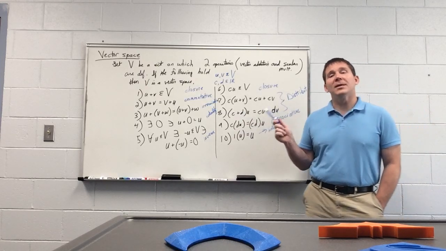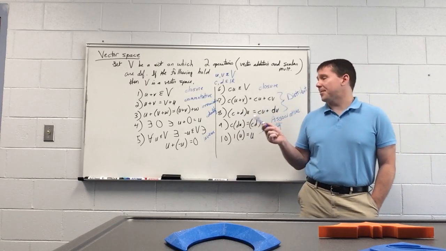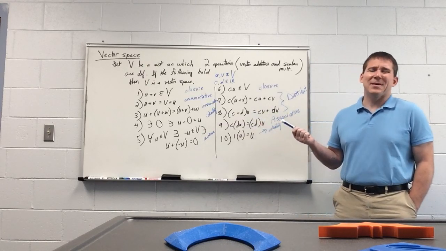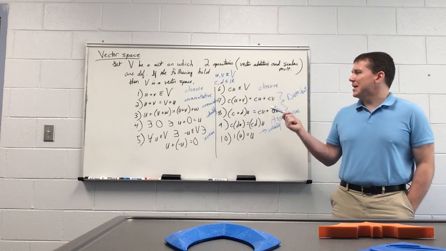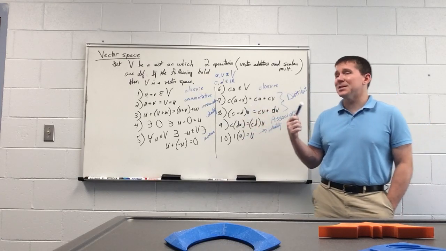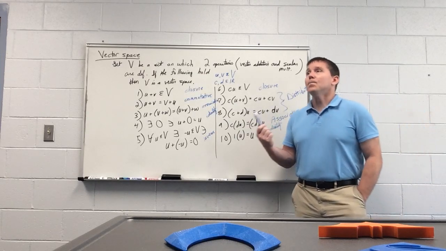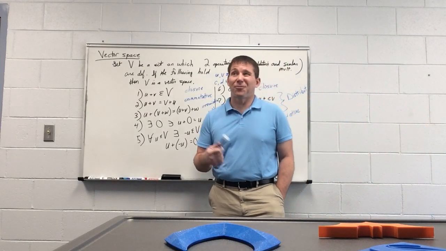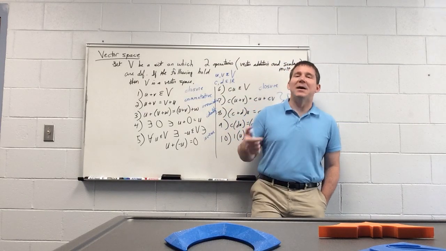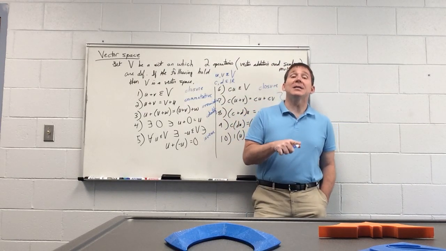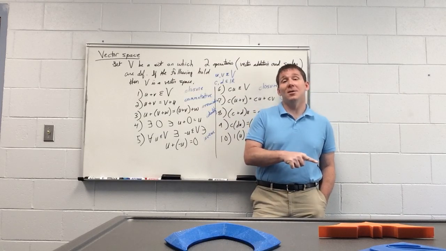And I would actually point out, all of these are properties you should have seen before. Closure, maybe you never defined it that way, but commutativity, associativity, identities, and inverses, those are all things we've seen before that you've defined when you talk about fractions and functions and things like that, which is kind of the point that I was making earlier.